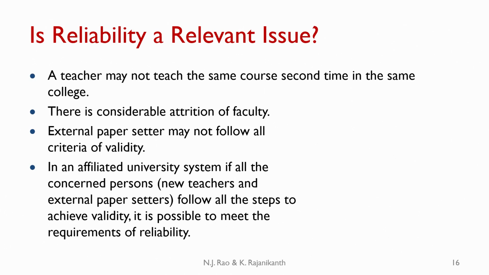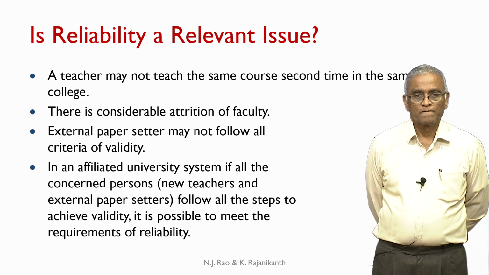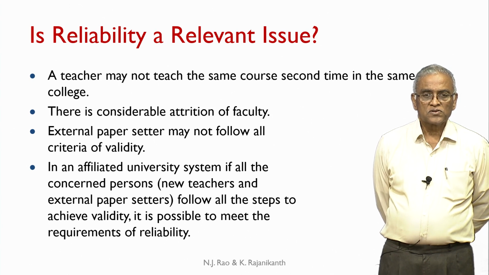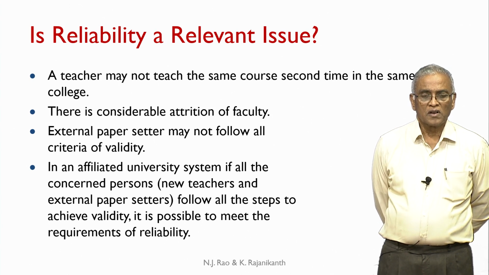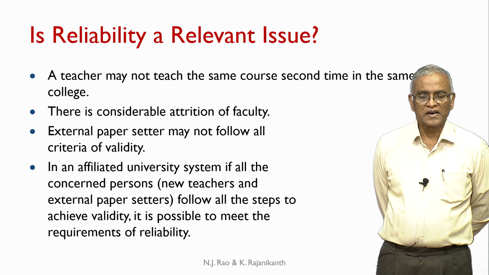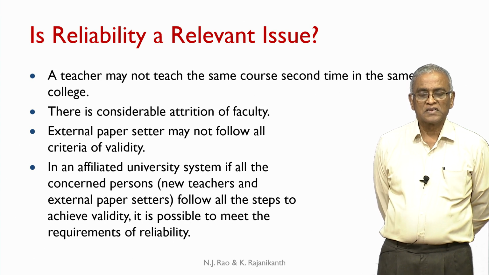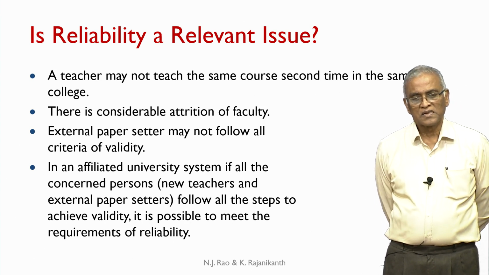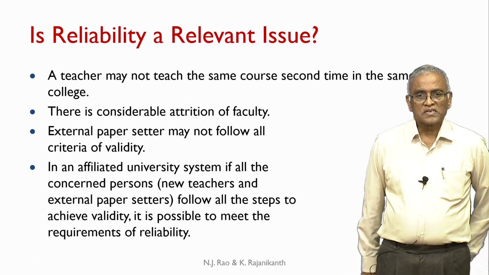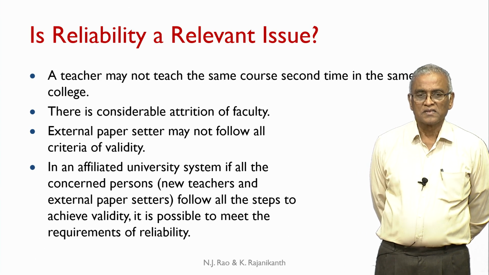Now one can ask, is reliability a relevant issue? First of all, there is the issue of a makeup examination in an autonomous institution. Somebody has not been able to attend a particular test and the teacher is required to give another test on the same topics. In such a case, reliability makes sense.